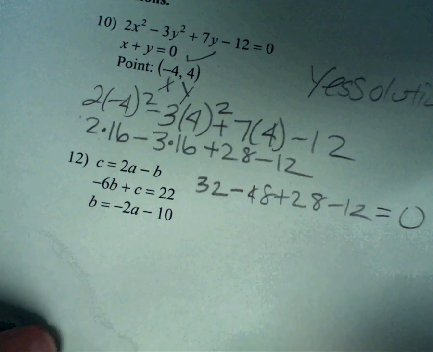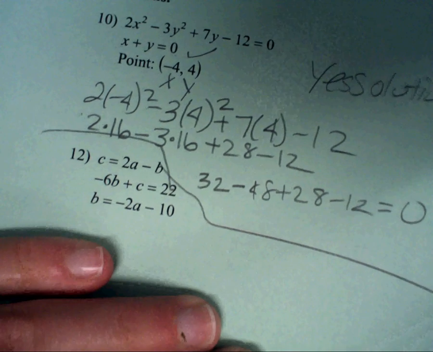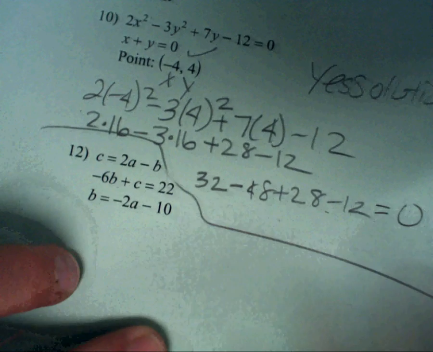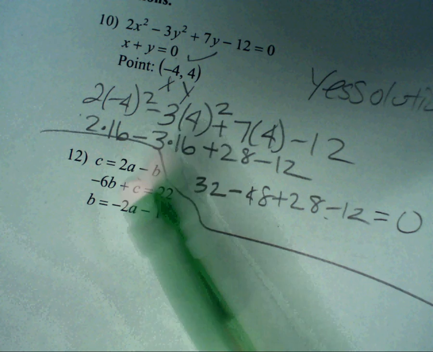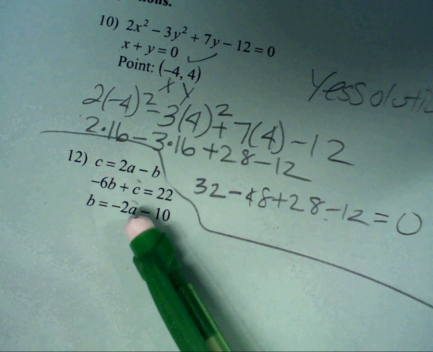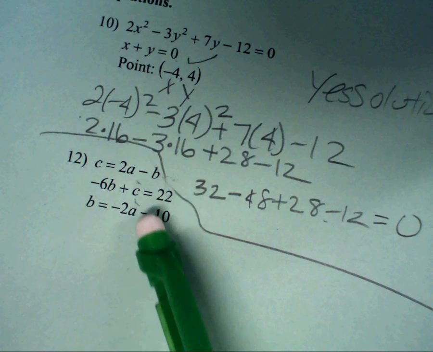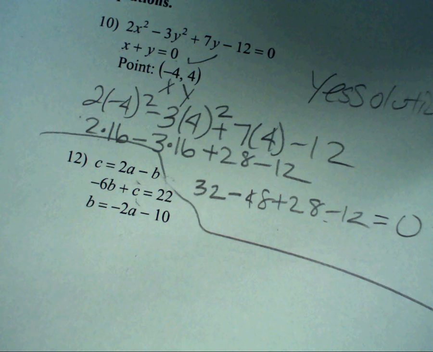I think I want to work 12. What I want to do is figure out whether I'm going to substitute C into this equation, or B. What you would really want to do is substitute B into the other two equations.